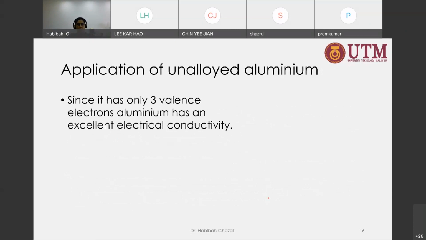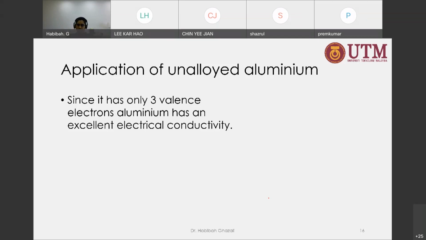So the application for the unalloyed aluminum, without any alloying element. One of the major applications for unalloyed aluminum is as electrical wire. Since it has only 3 valence electrons, aluminum has excellent electrical conductivity. That's the same with copper as well. Copper has a better conductivity, but aluminum is not too bad either. The release of electrons from the outermost shell depends on the energy that we need.